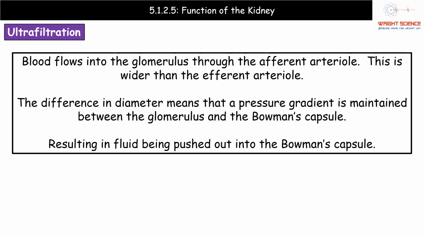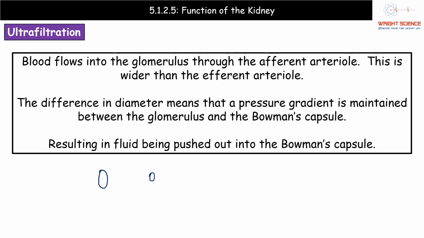What we saw in the previous video on the structure of the kidney was that we've got these two arterioles. We have the afferent arteriole, where the blood is going to be arriving to the glomerulus, and the efferent arteriole, where it then leaves. Now, what we do have is a difference in diameter between the afferent and efferent arteriole. So what we have, remember, is a wider diameter on the afferent and a narrower diameter on the efferent.